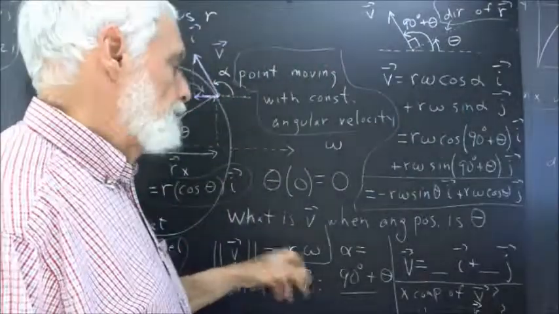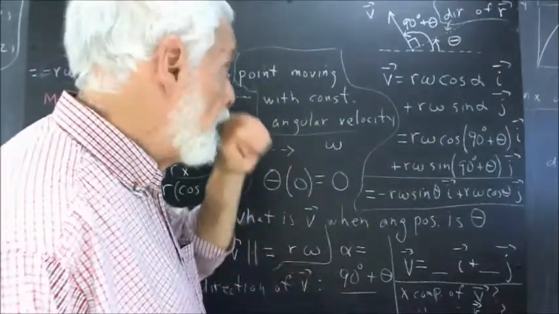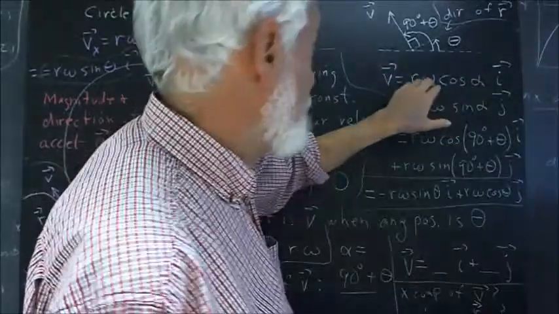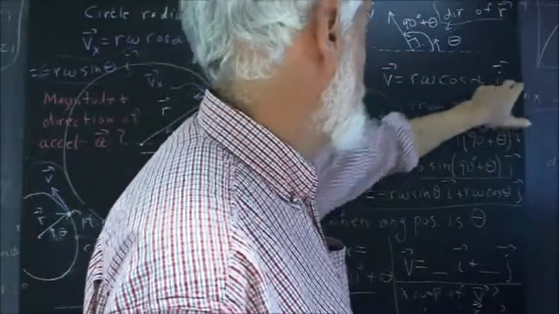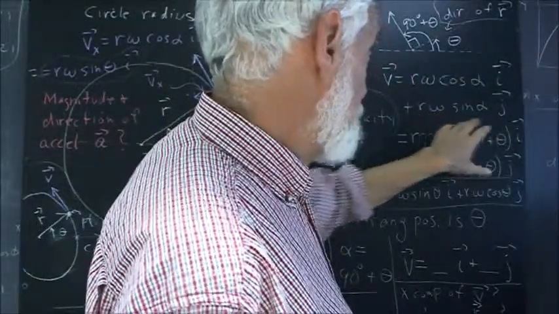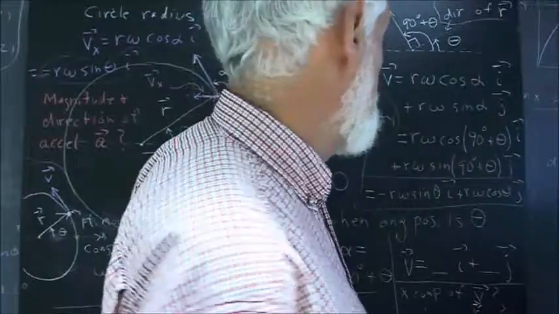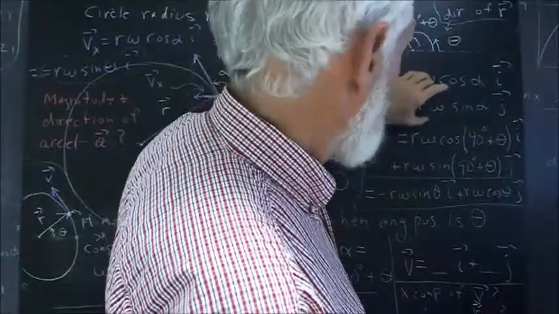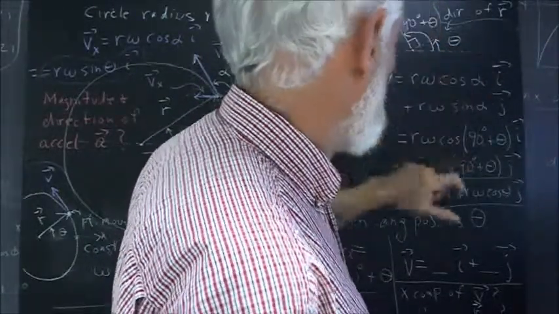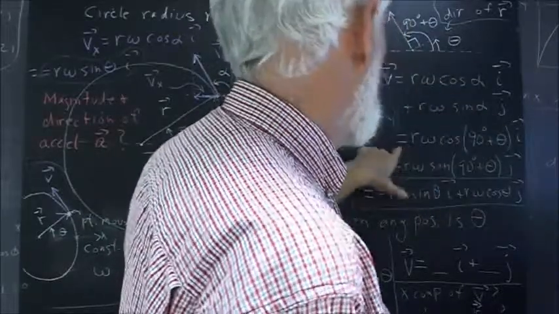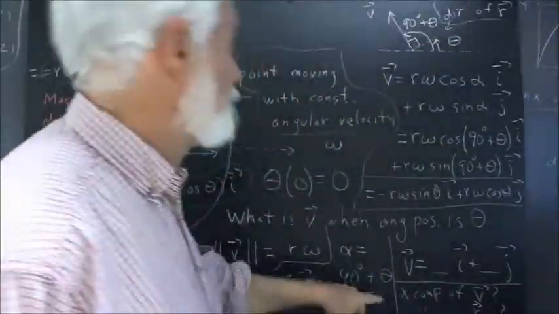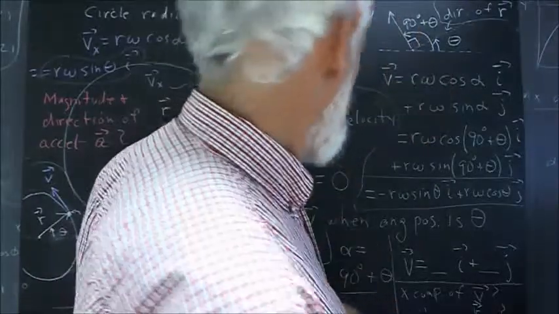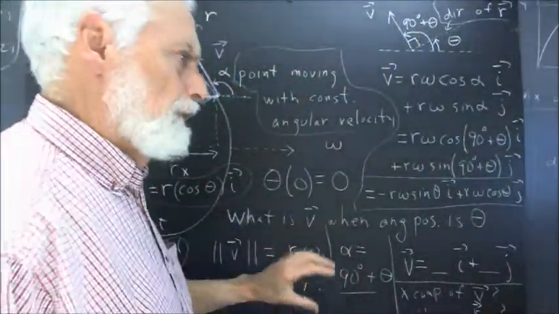But if the magnitude is r omega and the angle is alpha, then the vector is magnitude times the cosine of the angle times i, plus magnitude times the sine of the angle times j. And magnitude is r omega, alpha is the angle, so here it is. And of course, since alpha is 90 degrees plus theta, we just used alpha to give the angle an easy name for a minute.